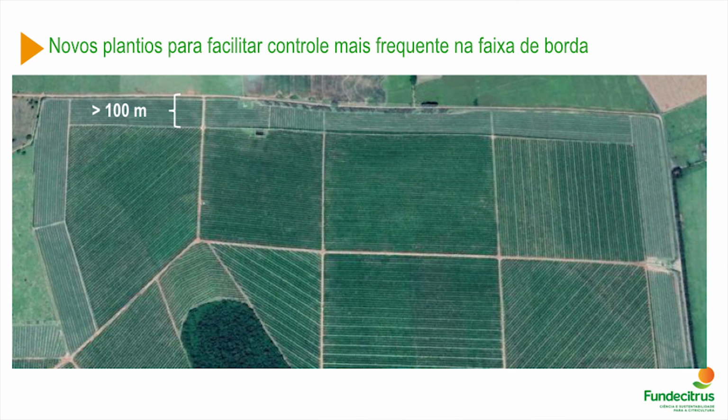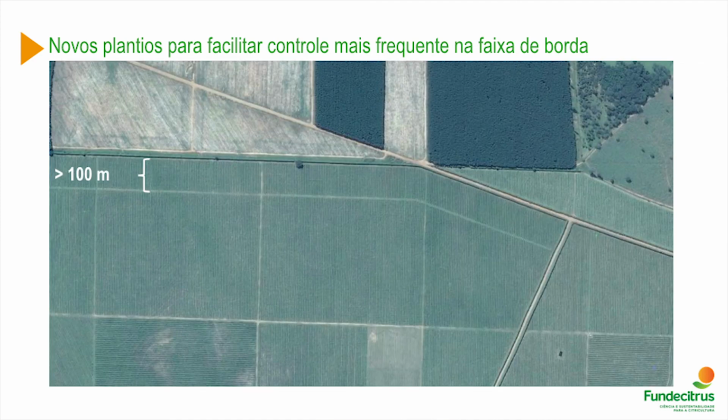And I checked quickly in Google Earth. We see new properties with this new planting model. We have an area of at least 100 meters here. This is already planned for a more frequent application of insecticides. We'll have to separate that. You see that these are parallel, and here we'll have frequent spraying, both aerial and terrestrial. This is another case.